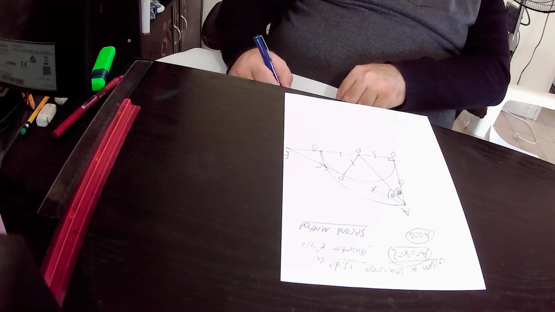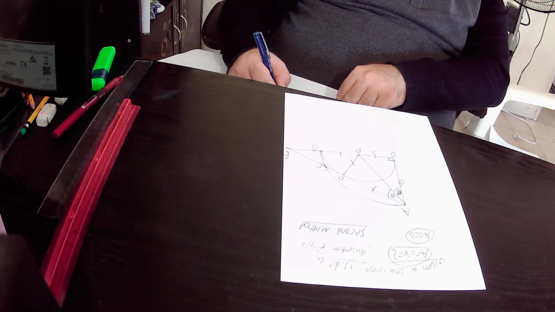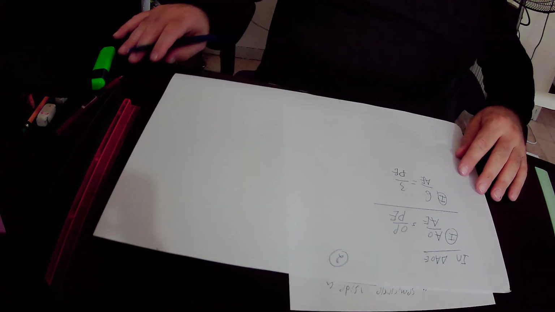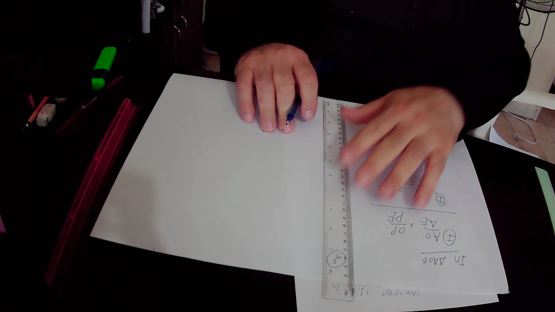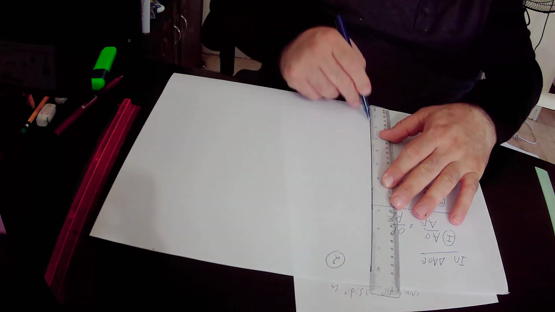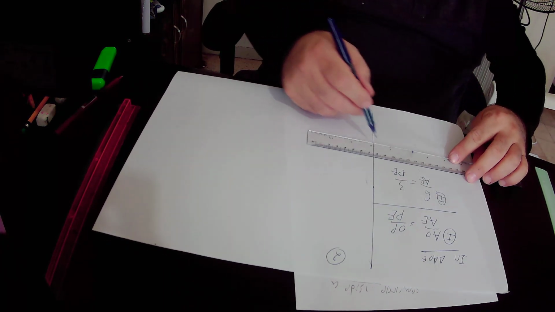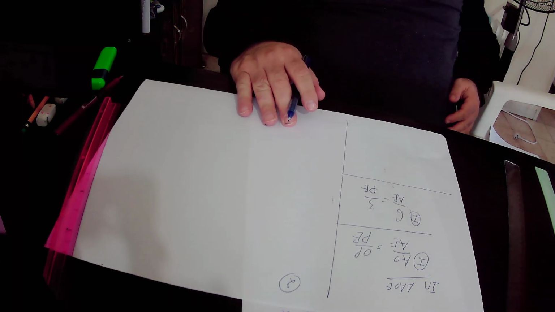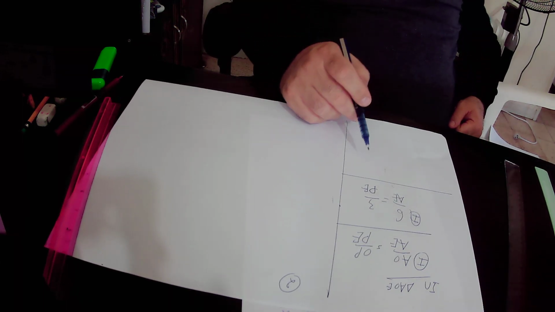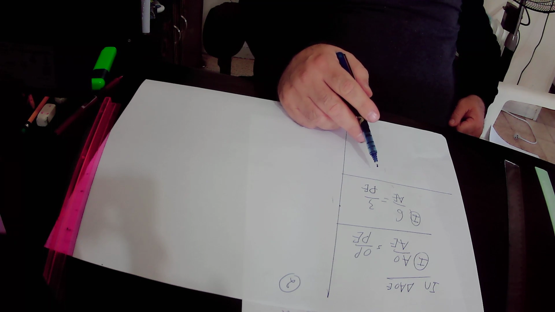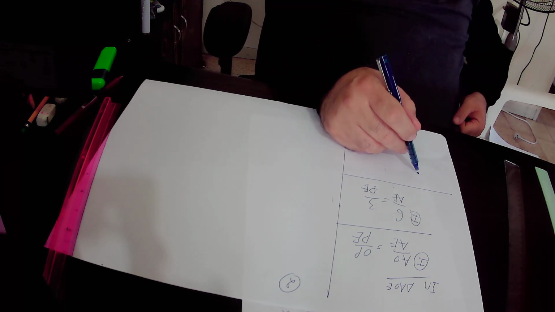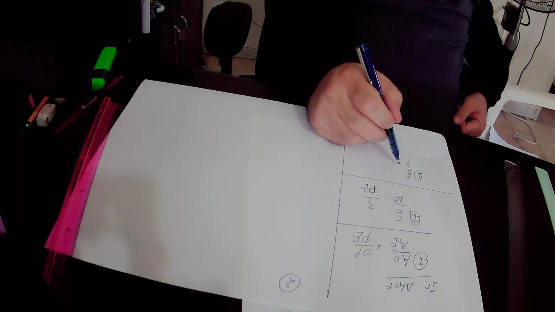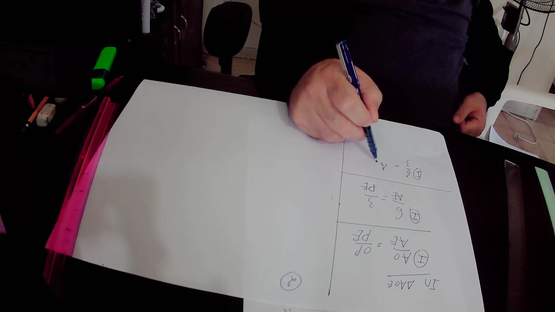PE is PE. We will leave it as it is. So in conclusion, we found that according to the angle bisector theorem, 6 over AE equals 3 over PE. We will divide equation number 1 by 3, and then multiply it by AE, and we get that according to equation number 1, 6 over 3 equals AE over PE.